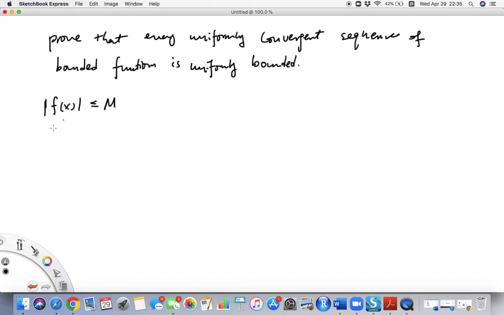So uniformly bounded means that, here we have a sequence f1, f2, f3, all the way to fn and so on. Uniformly bounded means there is a constant that bounds each of those functions. So that means |fn(x)| is less than, say, M for all n and x.